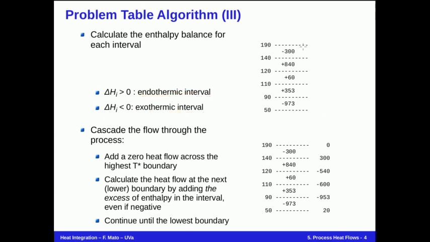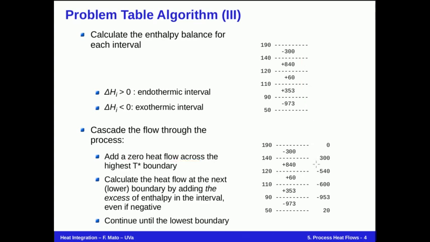And with all those enthalpies for each interval, we're going to cascade them through the process, starting with a zero heat flow across the highest displaced temperature interval. This is the heat flow that comes from up. We calculate the heat flow across the next interval down by adding the enthalpy excess in the interval, even if this is negative.